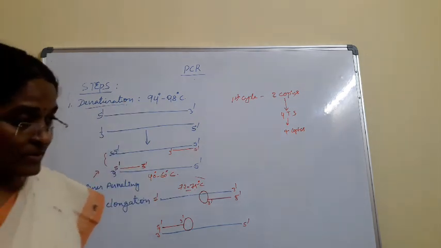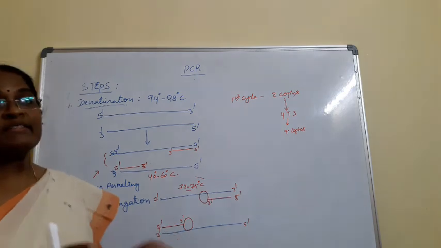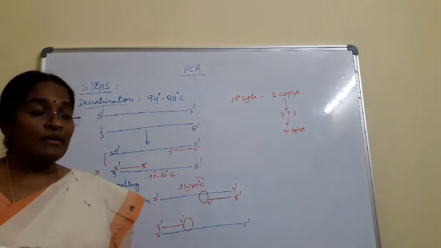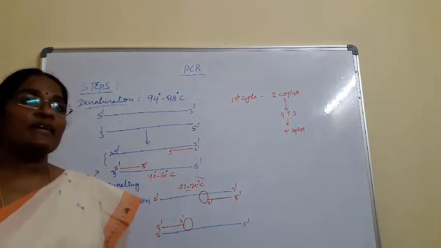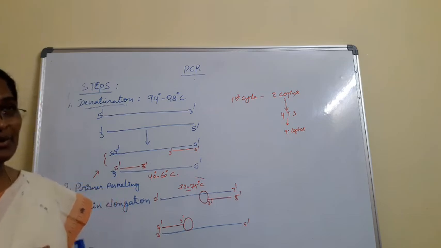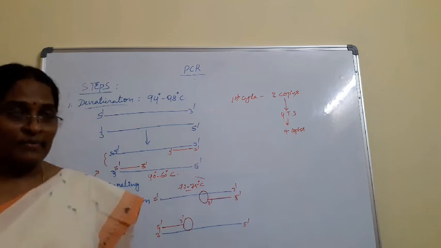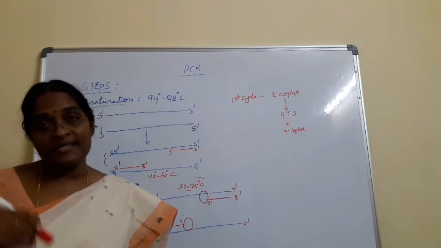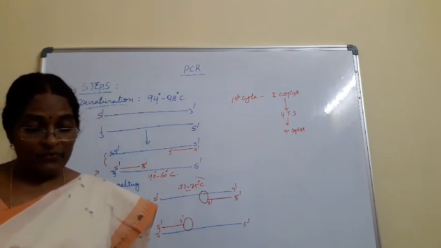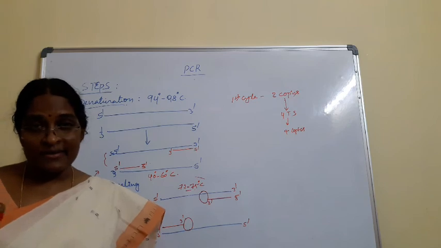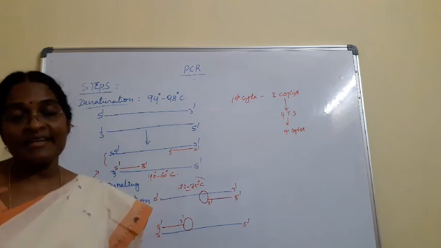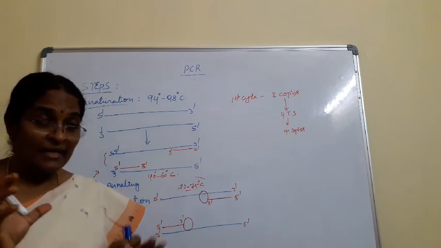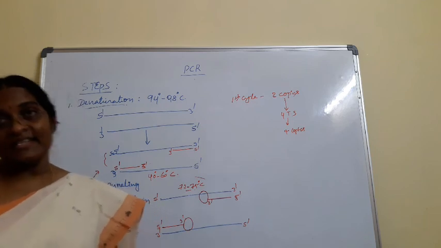Next, let us know the applications of PCR. So many applications are there, but some are the most important. First one is forensic analysis, such as paternity testing and criminal investigation.